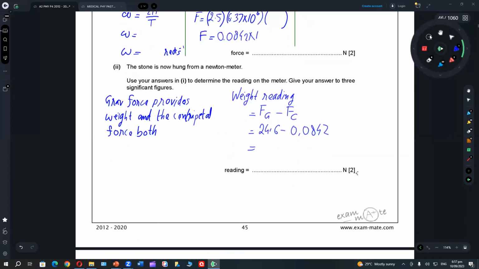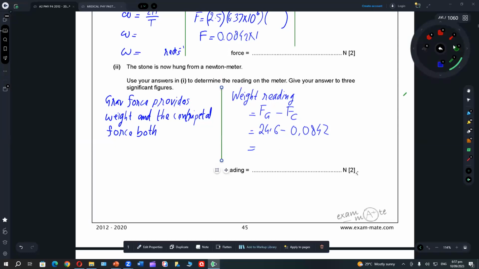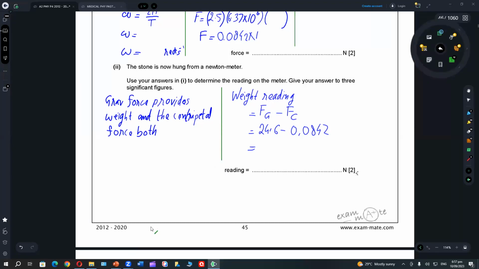So the final force is not all converted into weight. So I have to subtract the two forces to get the reading on the Newton meter. Newton meter means that you are showing the weight. Now copy this solution quickly.